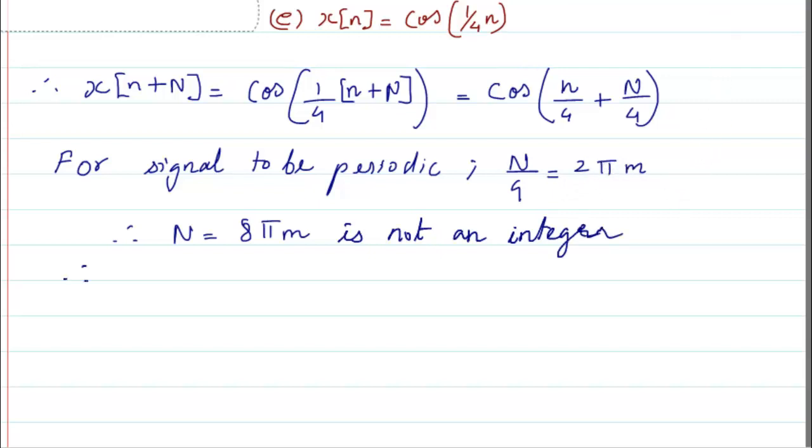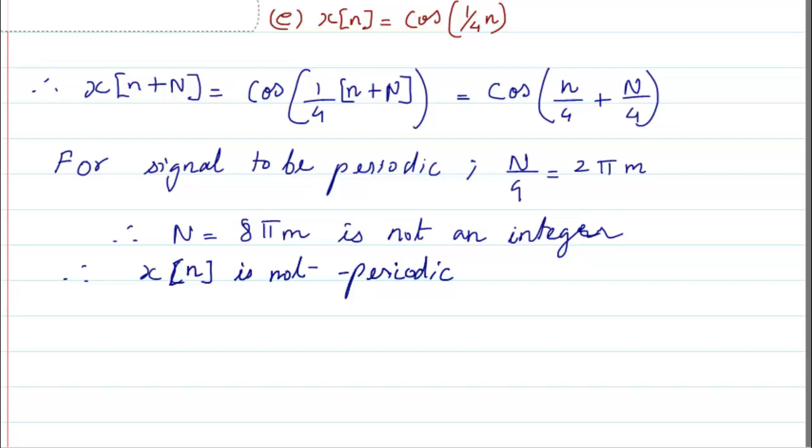Therefore, the signal is not periodic. That means x of n is not periodic. That means we cannot find a value of m which gives the value of N to be an integer, and since that cannot be, this signal is not going to be periodic.